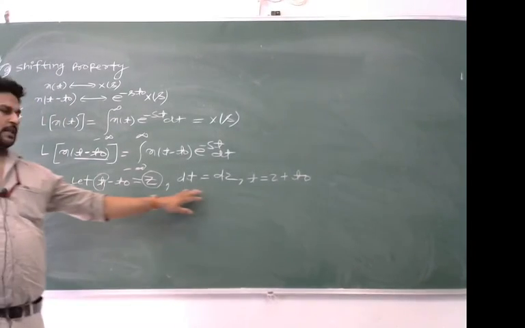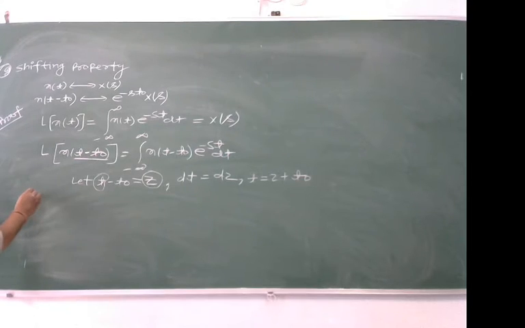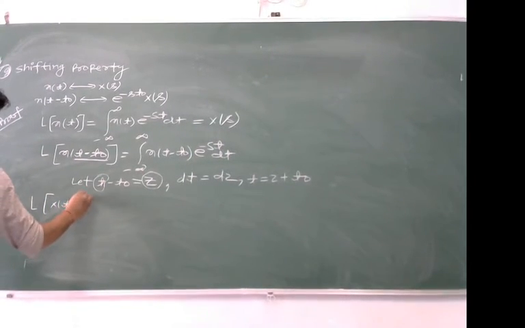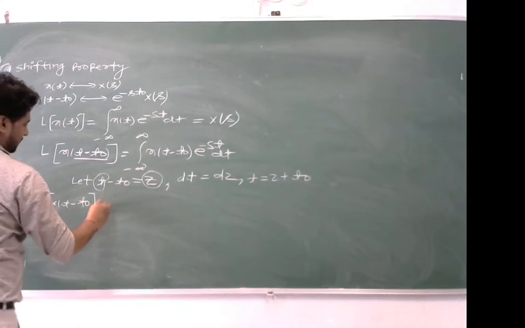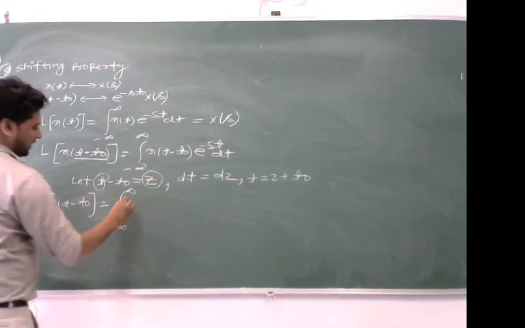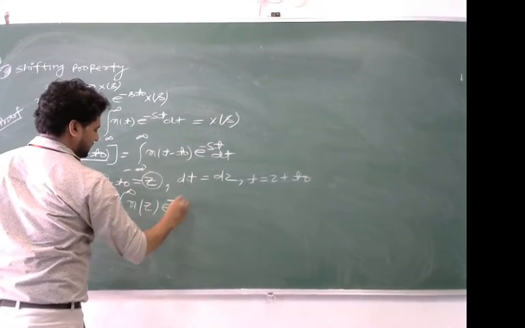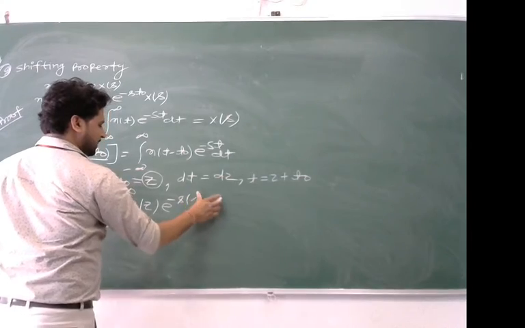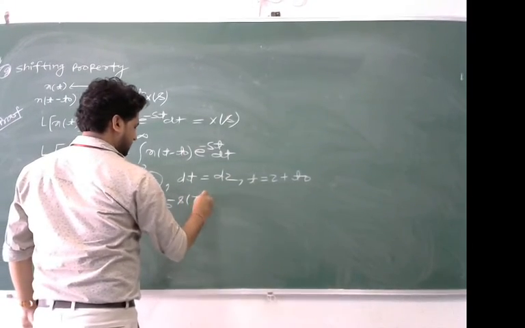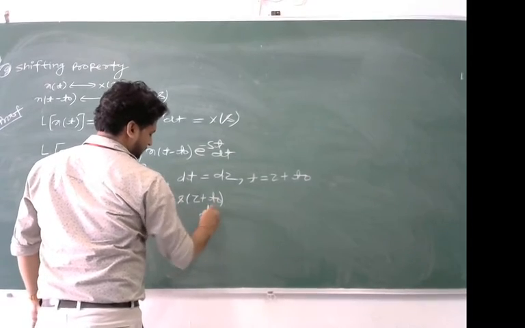Substitute all these values in this integration. Laplace transform of x of t minus t naught will be equal to the integral from minus infinity to plus infinity x of z e power minus s times (z plus t naught) dz.